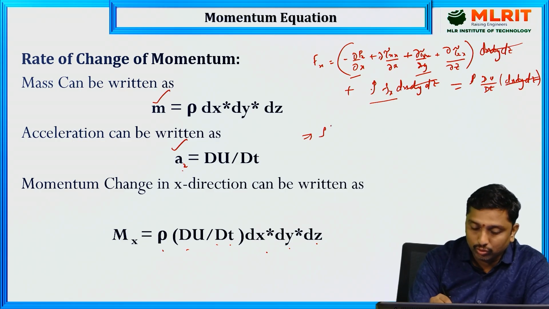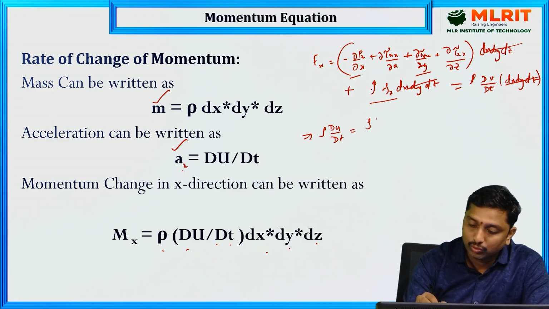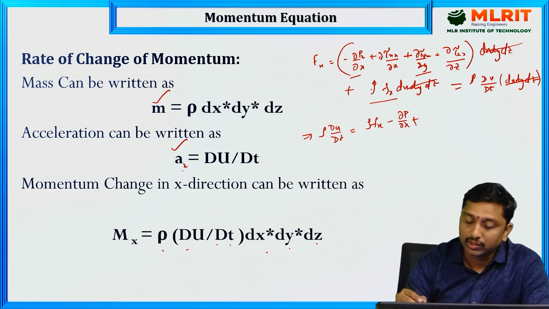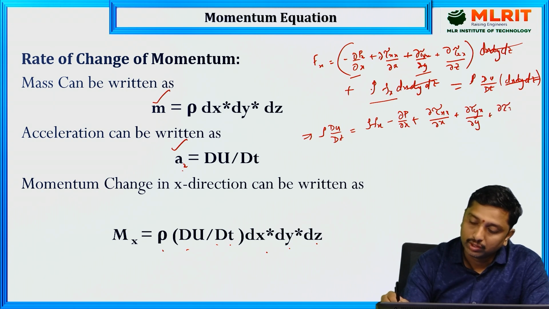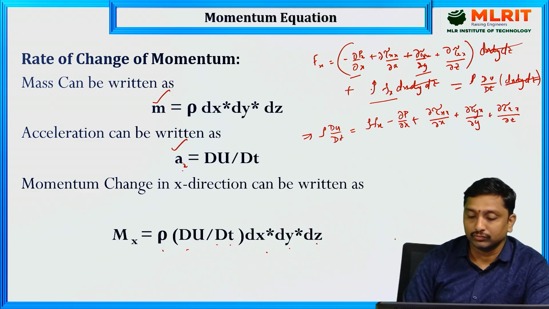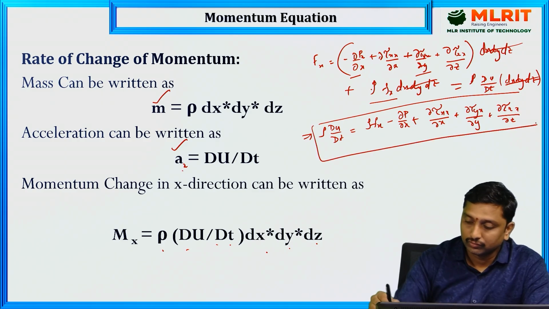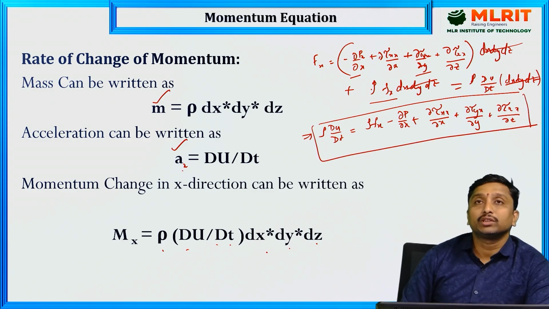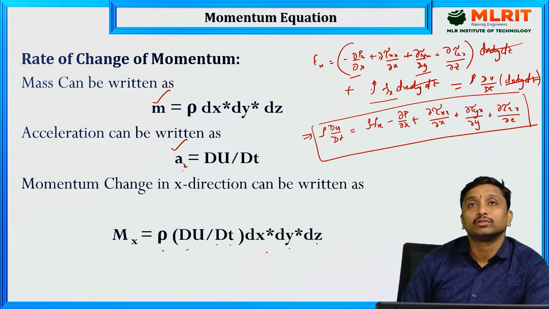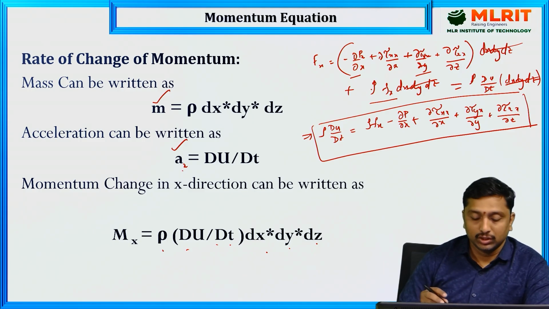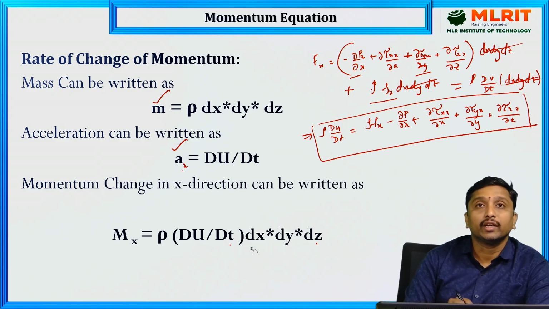So I can write rho du by dt is equal to rho fx minus dou p by dou x plus dou tau xx by dou x plus dou tau yx by dou y plus dou tau zx by dou z. This can be considered as the momentum equation in x direction.